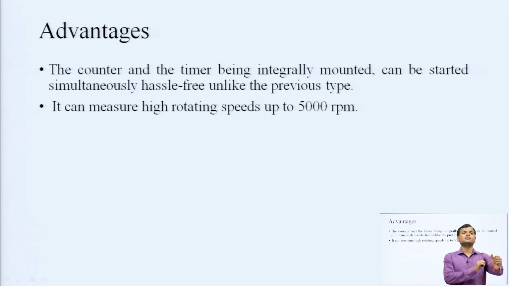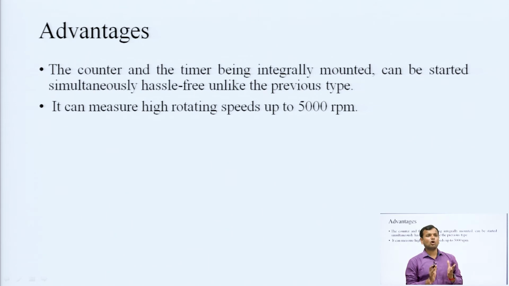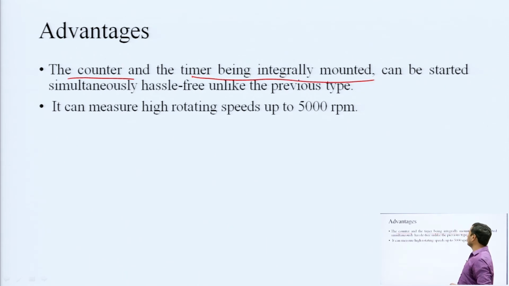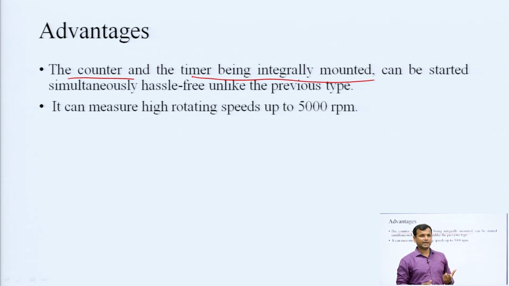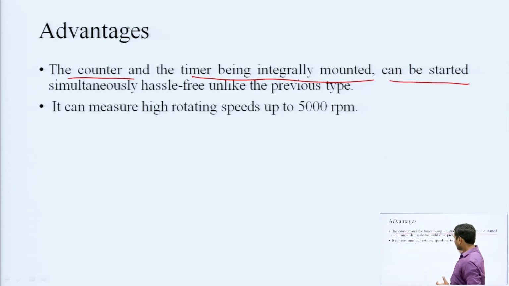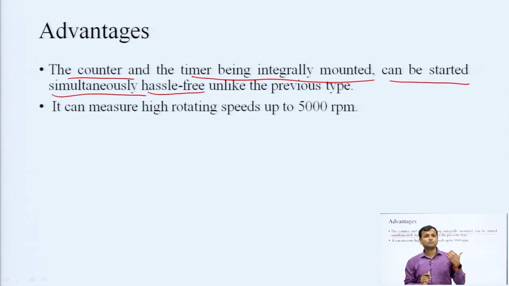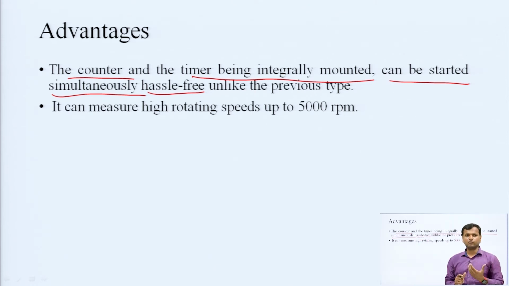In the previous arrangement, the mechanical fly ball tachometer, the timer and the counter do not start simultaneously, but in this arrangement the counter and the timer are mounted integrally, so they can be started together to give you a hassle free reading on the output side.